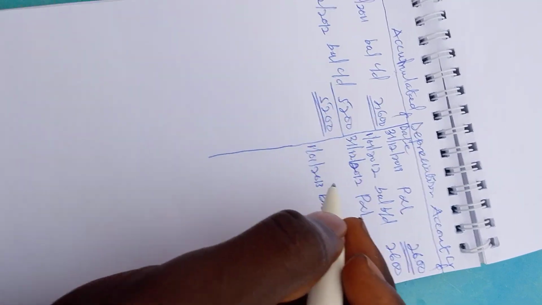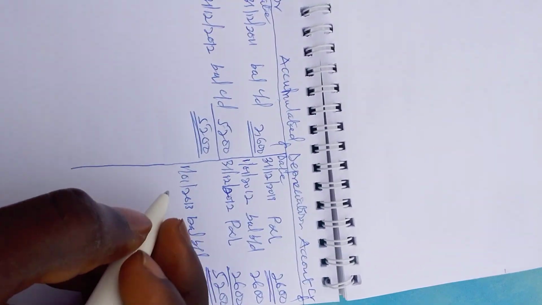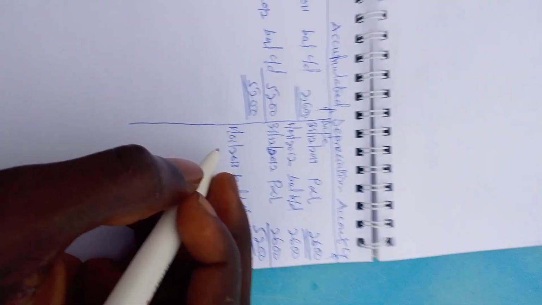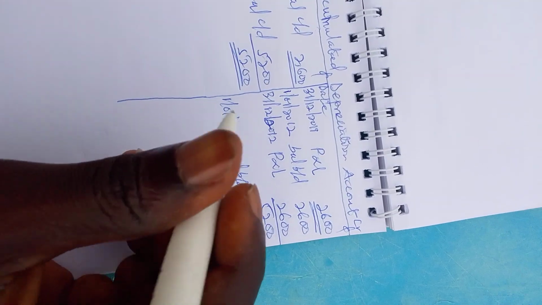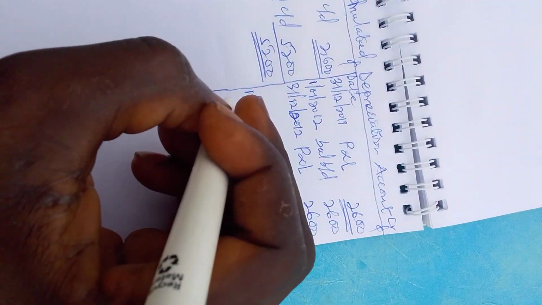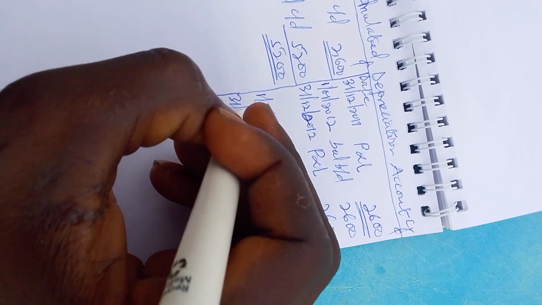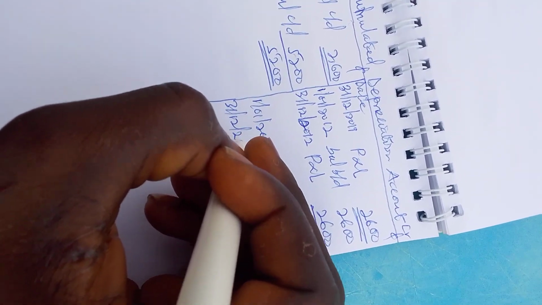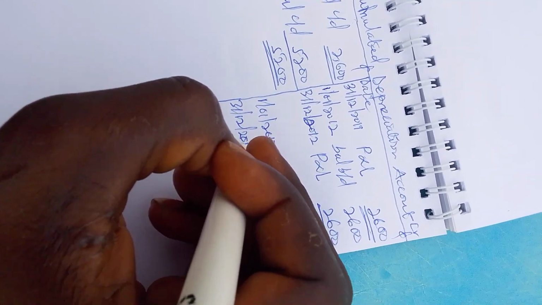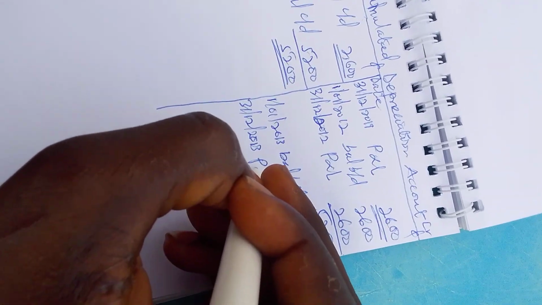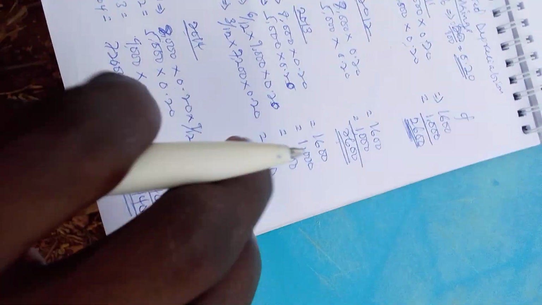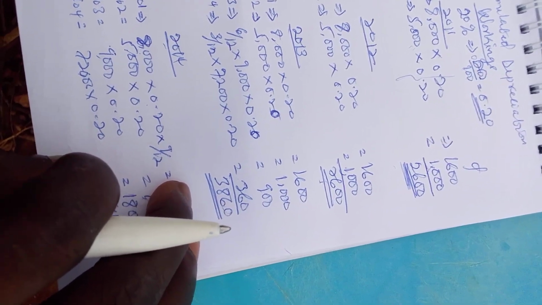And in 2013, we calculated depreciation, which is going to be on 31st December 2013, profit and loss, and the amount is 3,860 in 2013.